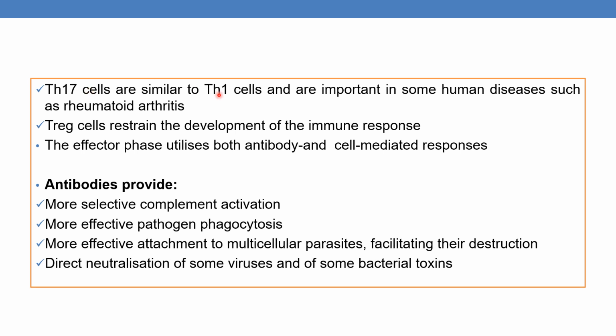Th17 cells are similar to Th1 cells and are important in some human diseases such as rheumatoid arthritis. T regulatory cells restrain the development of the immune response. The effector phase utilizes both antibody and cell mediated responses.